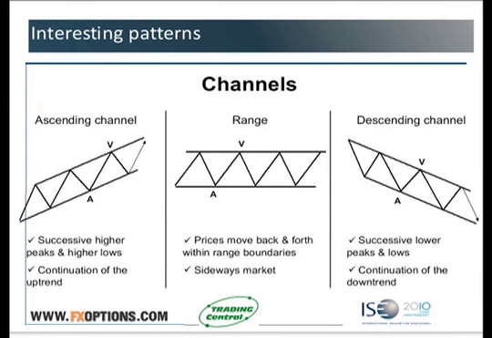This is a pattern where you can find where the volatility is the lowest, because option market makers don't know where the price will go. So the price goes from up to down without any clear trend. That's why this is what we call a range.